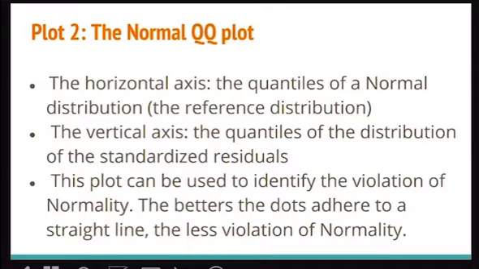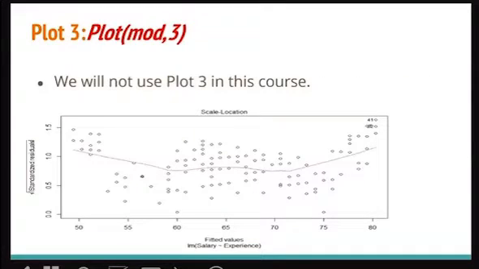Now the next plot that I want to talk about is plot number 3. It's not that necessary in this course. I think I told you the other time, this is a plot of the square root of the standardized residual against the fitted value. We could have a situation whereby we need to transform the residual.